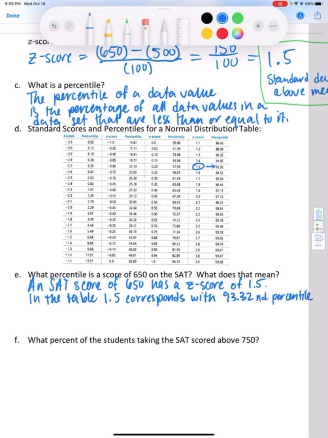It means that 93% of the students taking the SAT scored below 650.